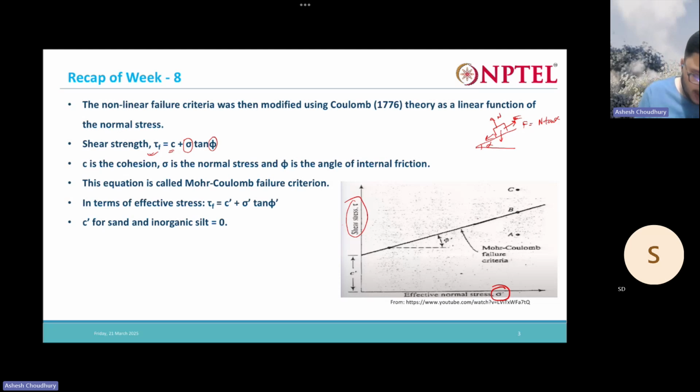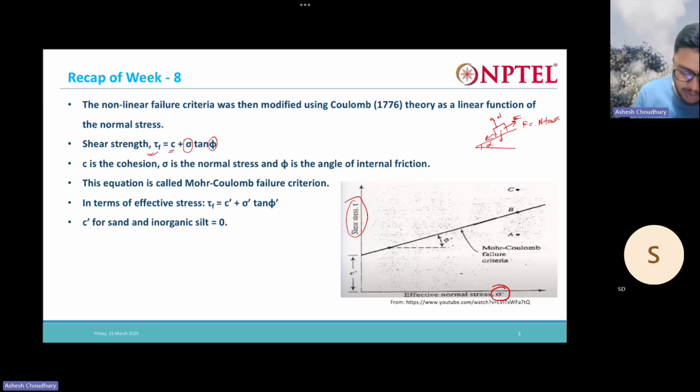Now it was seen that it is more appropriate to represent these values in terms of effective stress, as we have seen previously that effective stress is what defines the actual grain to grain contact stresses. So the shear stress at failure was represented in terms of the effective values, that is C prime plus sigma prime tan phi prime. The prime means the effective stress values.